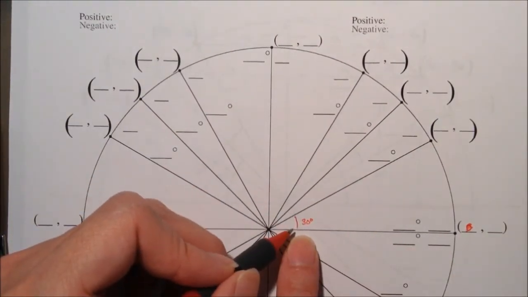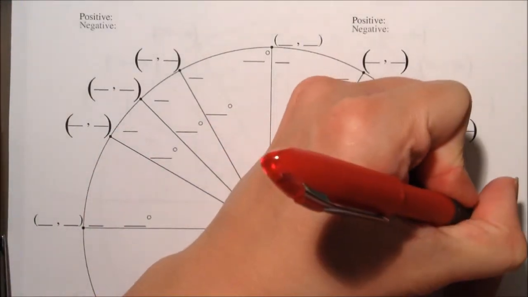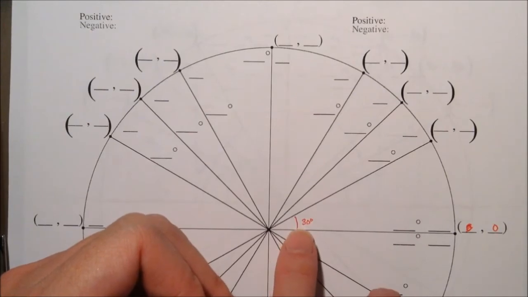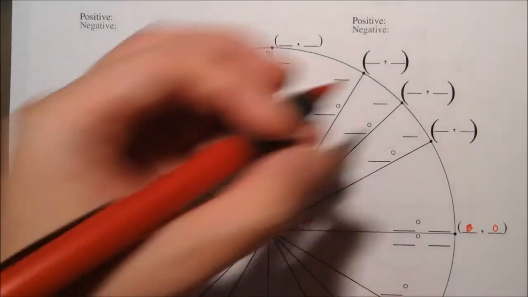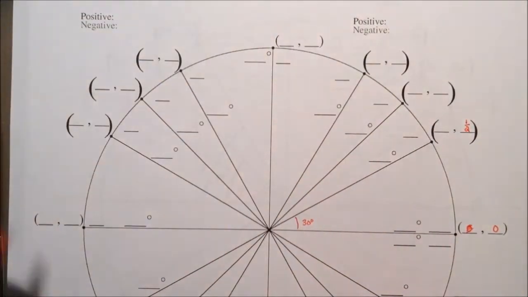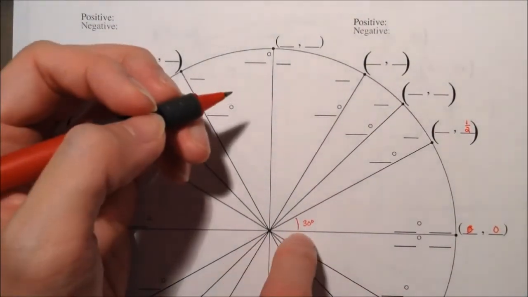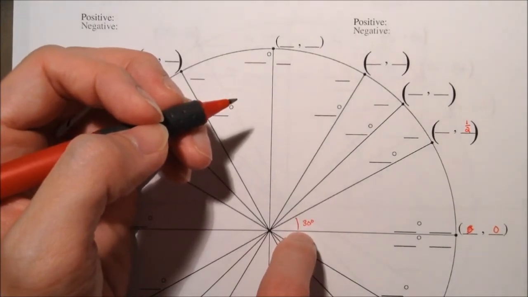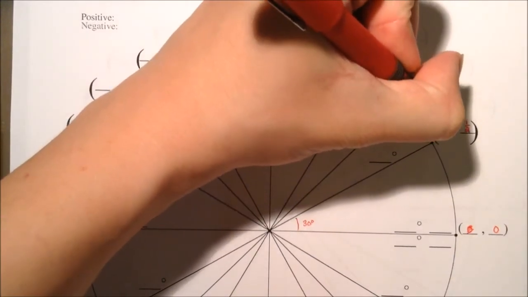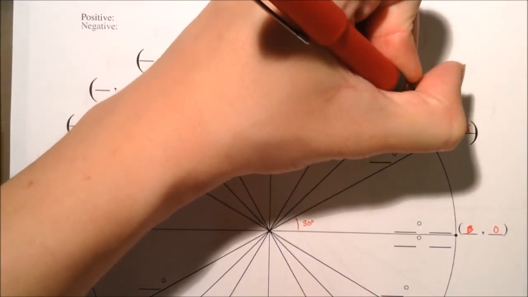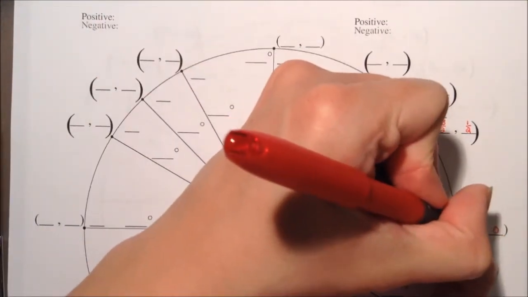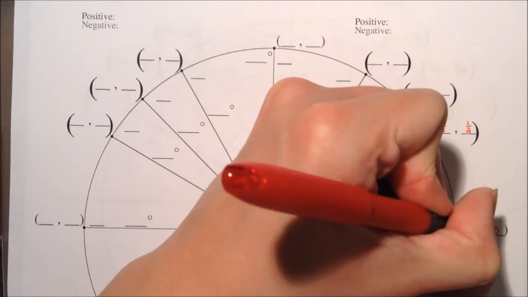Sine of 0, the y value is 0. I mentioned before that sine theta is for the y values. So sine of 30 degrees is 1/2. And then cosine of 30 degrees is the square root of 3 over 2. And then cosine of 0 degrees is just 1.